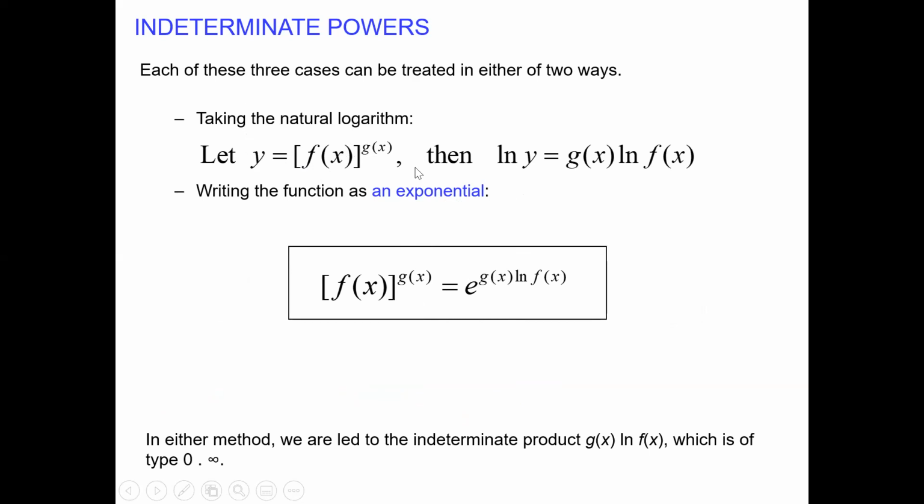Taking natural log of both sides, naming this as a function y, we may take ln of y, and also ln, natural log of f of x to the power of g of x. When we have a power, that power can be placed in front of the logarithm, that's the property. If we have this, we may move it in front. And then we create a product, we can go from there.